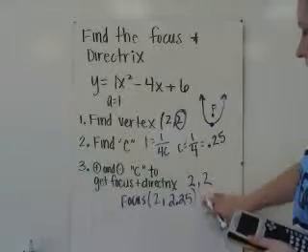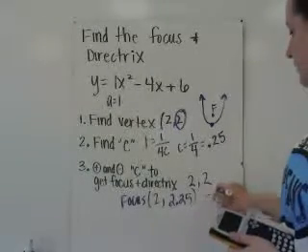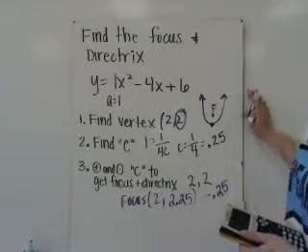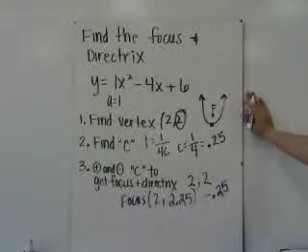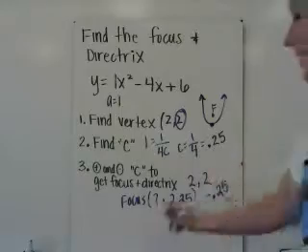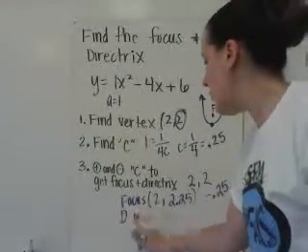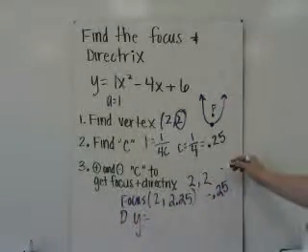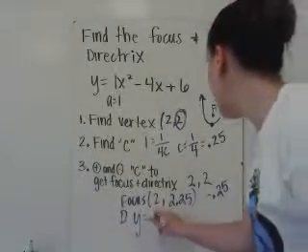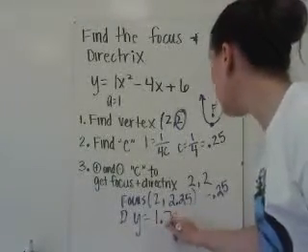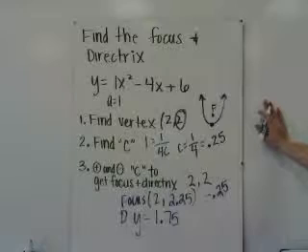So now to find my directrix, I need to subtract 0.25. Now here's the thing that you have to remember. Your directrix is a line. It's a horizontal line. So my directrix is going to be y equals, and then 2 minus 0.25 is 1.75. All right, so that's pretty much all you have to do.